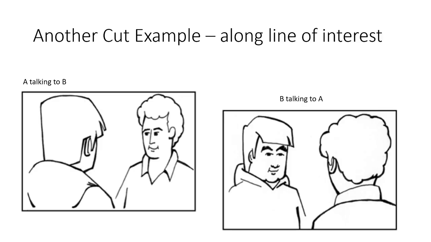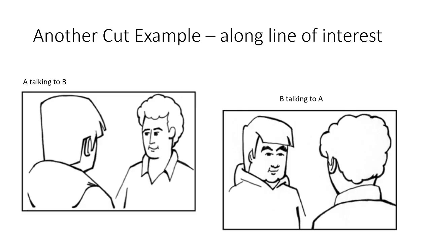So we could frame both A and B, and B and A. But you'll notice that we always have character A on the left and character B on the right. Whoever we're paying attention to, to see their facial expressions or mouth movements with the dialogue, we can choose those different angles, swinging back and forth along this line of interest.